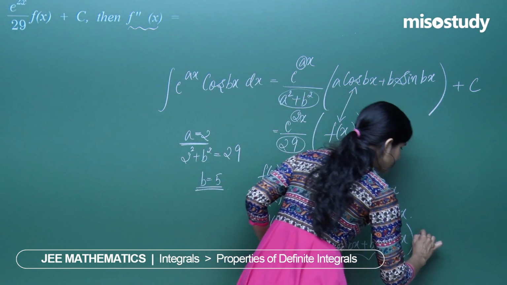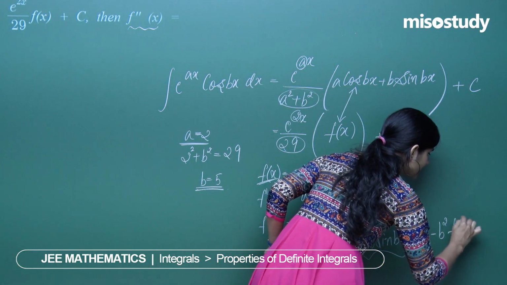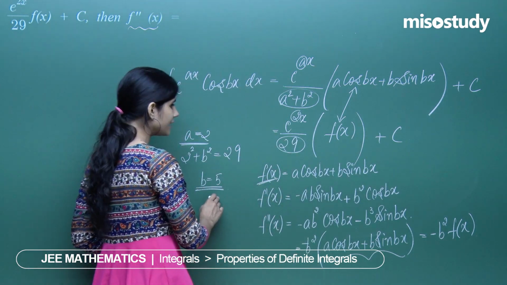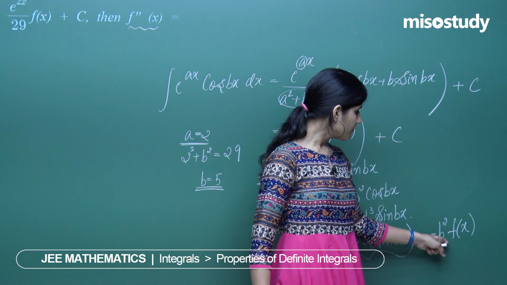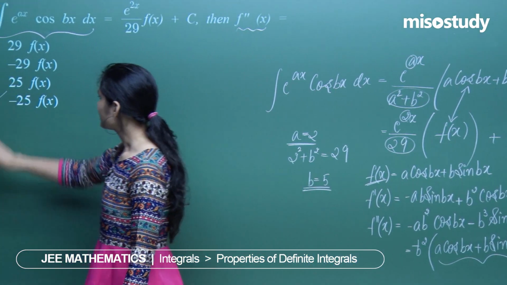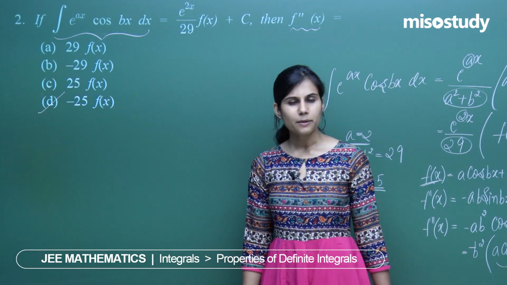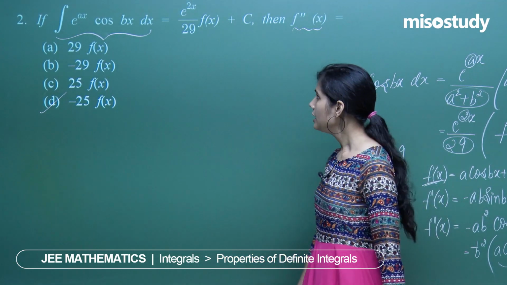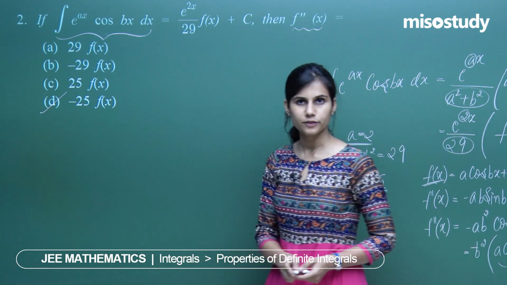So f double dash x has come out to be equal to minus b square fx. But we know that b is equal to 5, so your answer is minus 5 square fx, that is minus 25 fx, and that is f double dash x. It has come out to be equal to minus 25 fx, or minus b square fx, where b is 5.